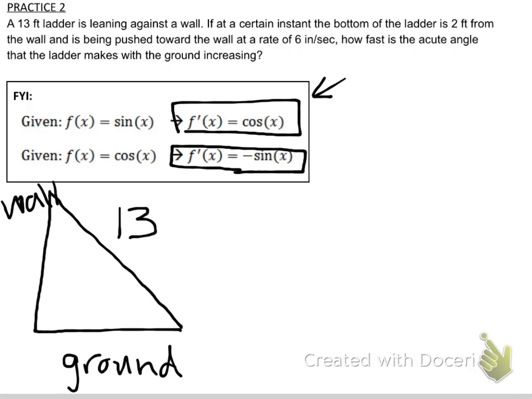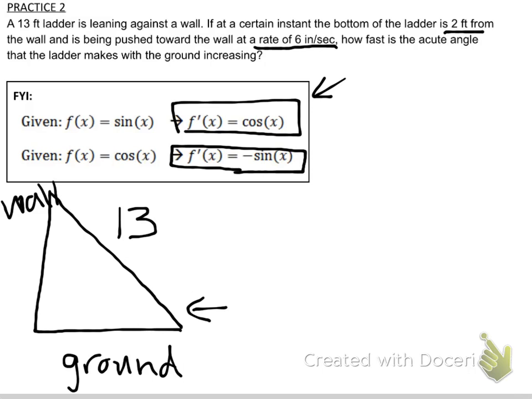But the other 2 numbers that we have, which are 2 and a rate of 6 inches, those are both numbers that are changing, right? Because they're pushing. This ladder is being pushed toward the wall, which means that this length is changing.